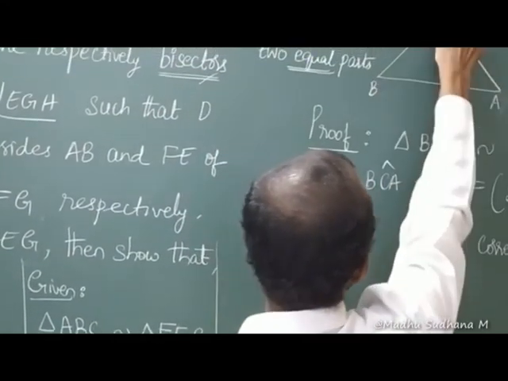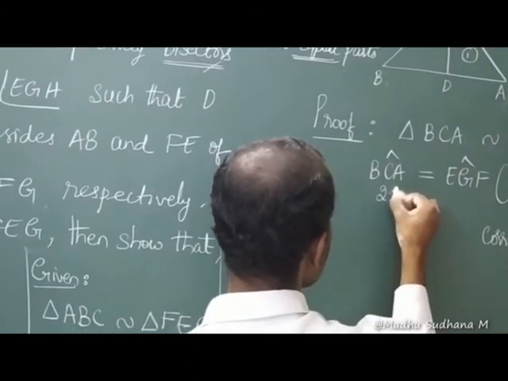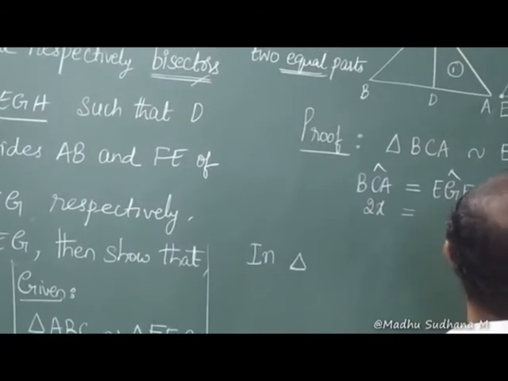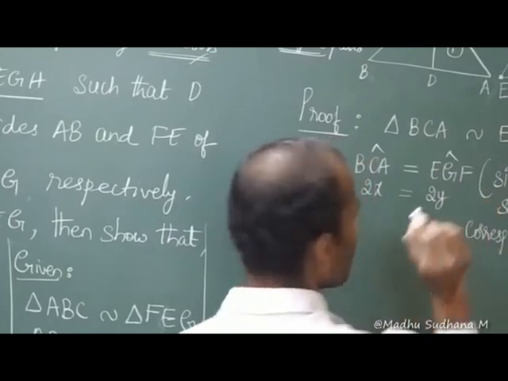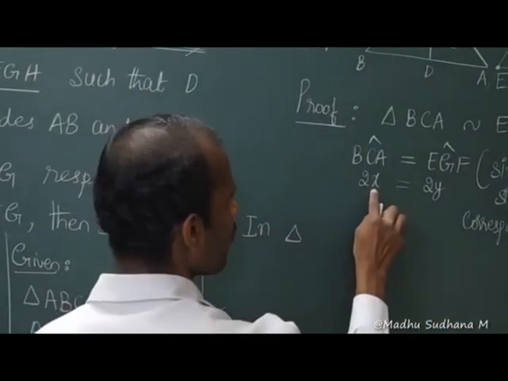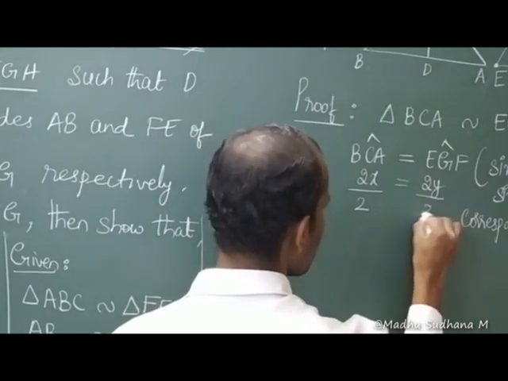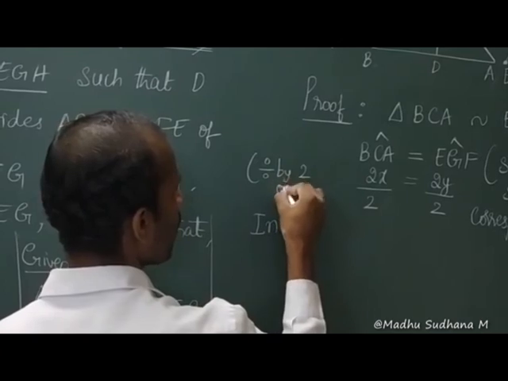Your BCA total angle is x plus x, so this is 2x, which is equal to EGH, total angle y plus y, so that is 2y. Followed it? So now if I divide by 2 on both sides here, let me write it. Divide by 2 on both sides.